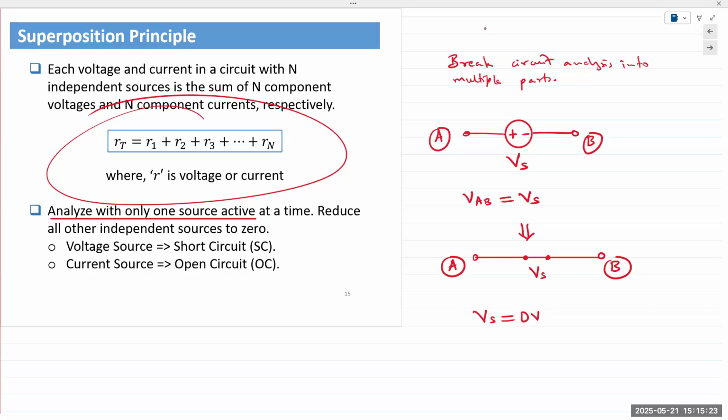If you replace it with a short circuit, VAB is equal to 0. And so that's what it means. So we can technically say that reducing a source to 0 means replacing the voltage source with a short circuit. Make sense? Right?